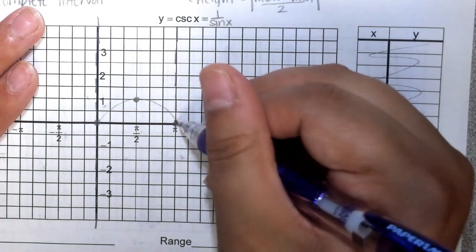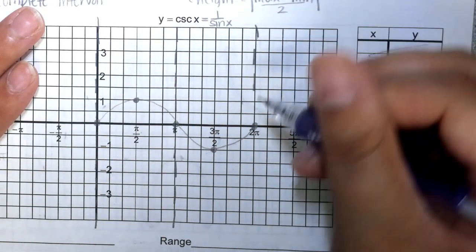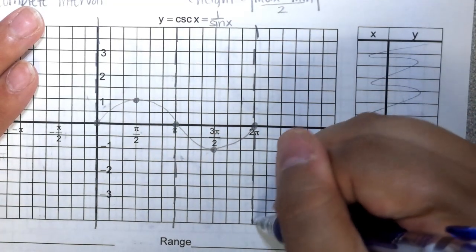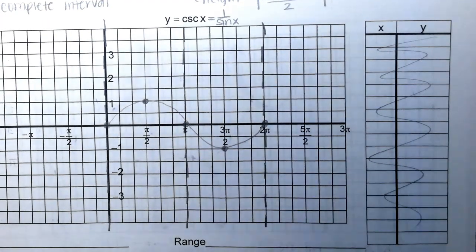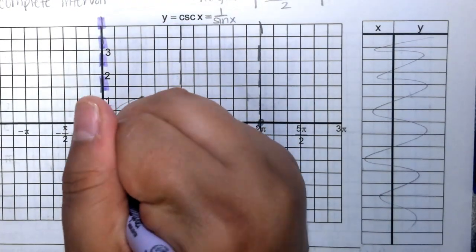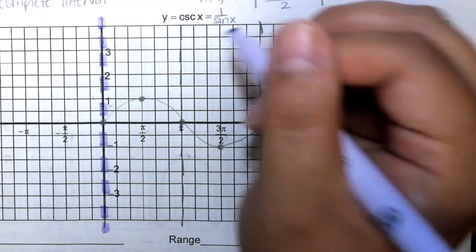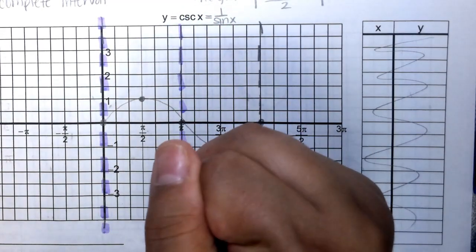An asymptote. At all the zeros, you can just draw an asymptote. Remember, make that asymptote on the y-axis. Make sure it's known. It's obvious there's an asymptote there.